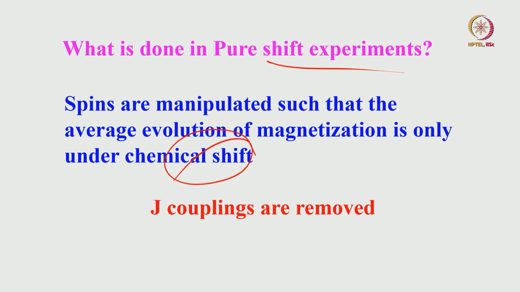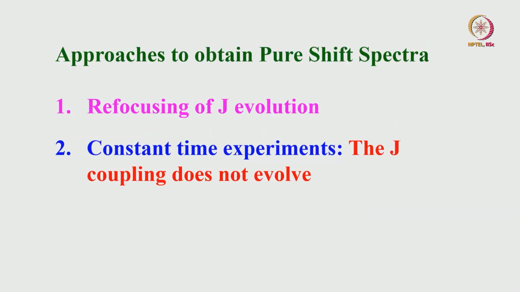We have to manipulate the spin dynamics such that the spin magnetization evolves only under chemical shift, where J couplings are removed or refocused, or should not evolve. We will ensure J couplings do not evolve, or refocus even if they evolve, or somehow get decoupled. That is the way we can do it.